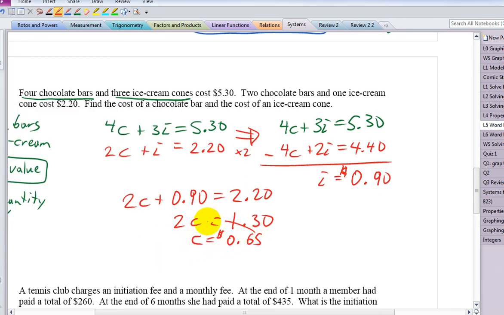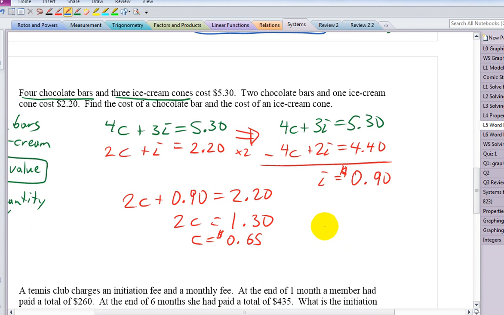Last class we found C first, and then when we found I on our calculator, it equaled 0.9. Why would that? No, it's not. This is half a mark. Why? Yeah, you must be smart enough to know that we're dealing with money and we must have 2 decimals with our money. So it's kind of the same thing, but it's not worth a full mark. Okay? So be careful of that, especially when we're dealing with money for word problems.